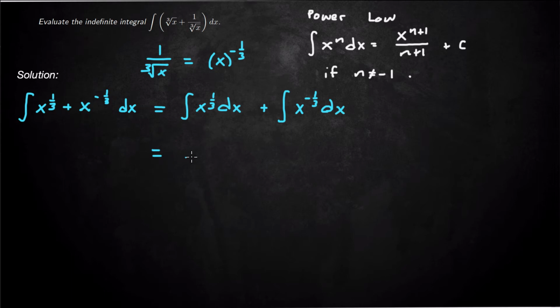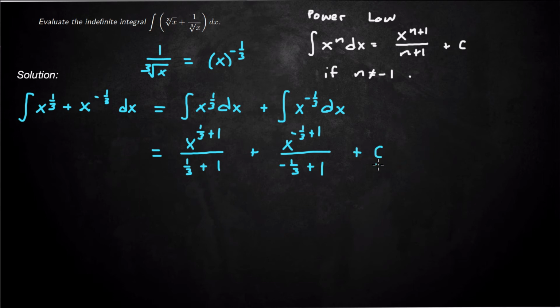So this is going to be x to the 1/3 plus 1, divided by 1/3 plus 1, plus x to the negative 1/3 plus 1 over negative 1/3 plus 1, plus c.